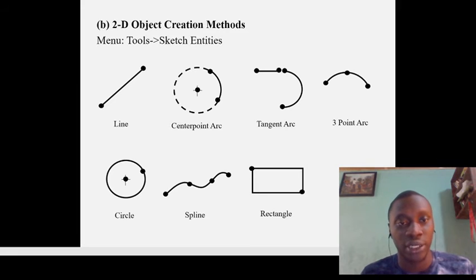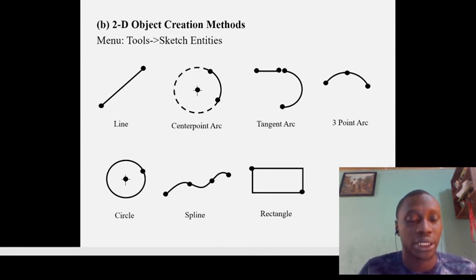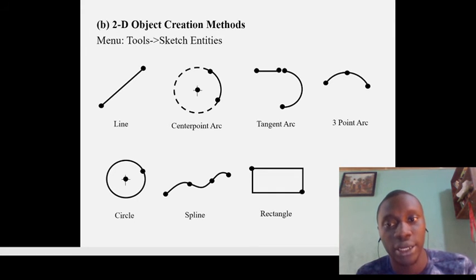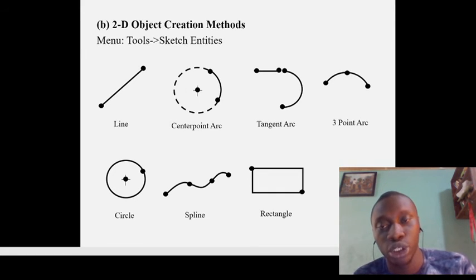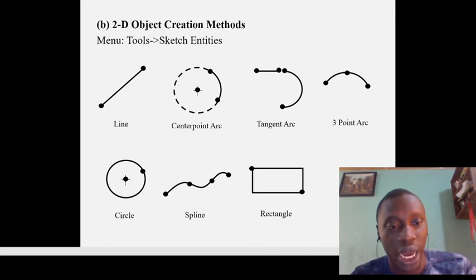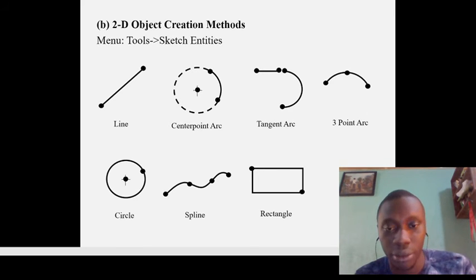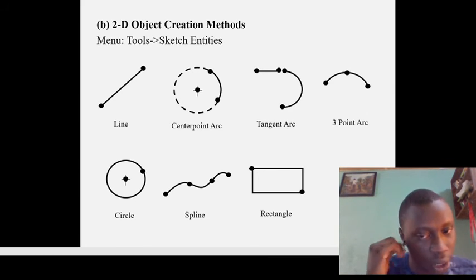The definition of a line is a path between 2 points. We have an arc, which is an incomplete circle; a tangent arc, a line and an arc; a 3-point arc, showing you that there will be 3 points on the arc; a circle that has a center point and a circumference; a spline; a rectangle, corner rectangle; and a point.